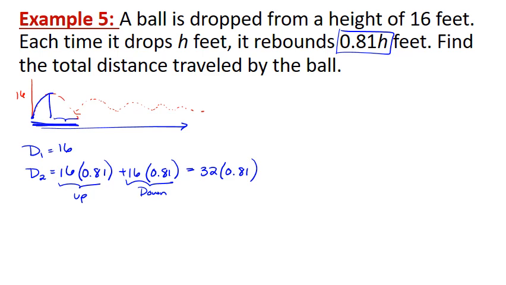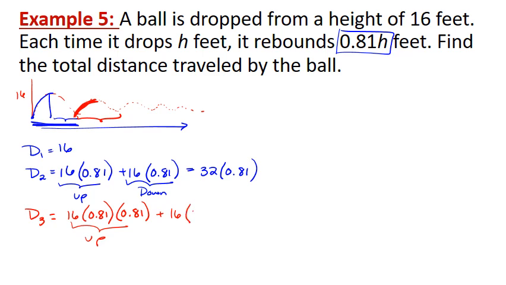All right, well, let's do the next one. Let's look at this little hump here. Let's call this D sub 3. Now I need 0.81 of this height, which is what we had here. So we are going to go 0.81 of this. So this is up.